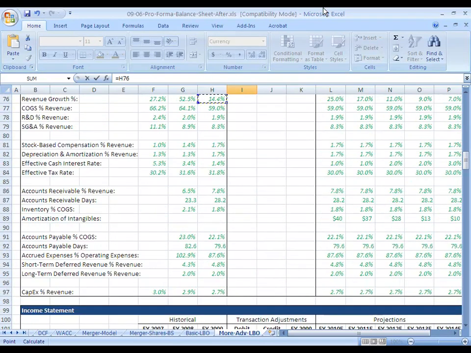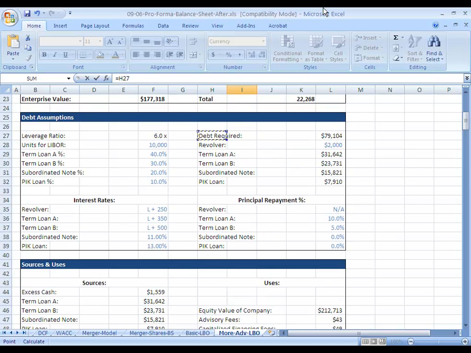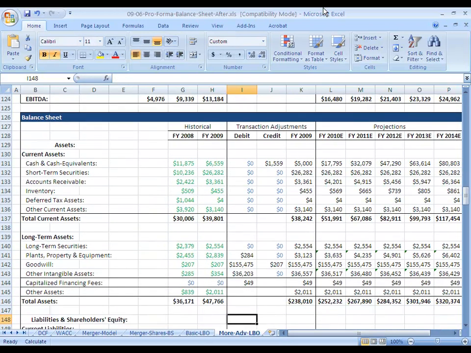I'm going to go up to our sources and uses schedule and pull the capitalized financing fees directly from here. There will be nothing on the credit side for this one because we're not going to be writing anything down. We don't have anything to begin with right here. Other assets I'm going to leave alone, so this stays at 0.